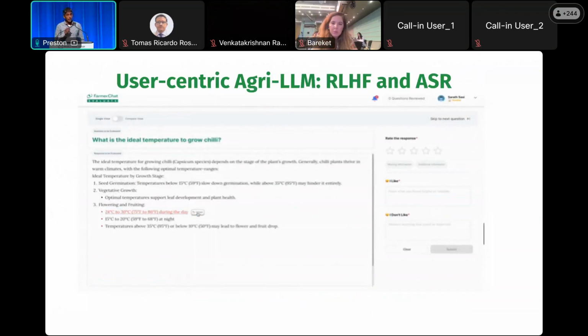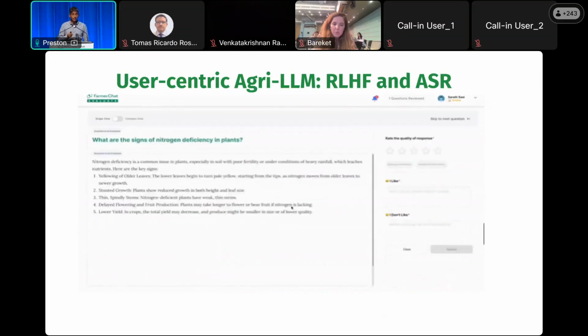And as I mentioned, every query, every image that a farmer or an extension agent submits becomes data that can make these systems better.